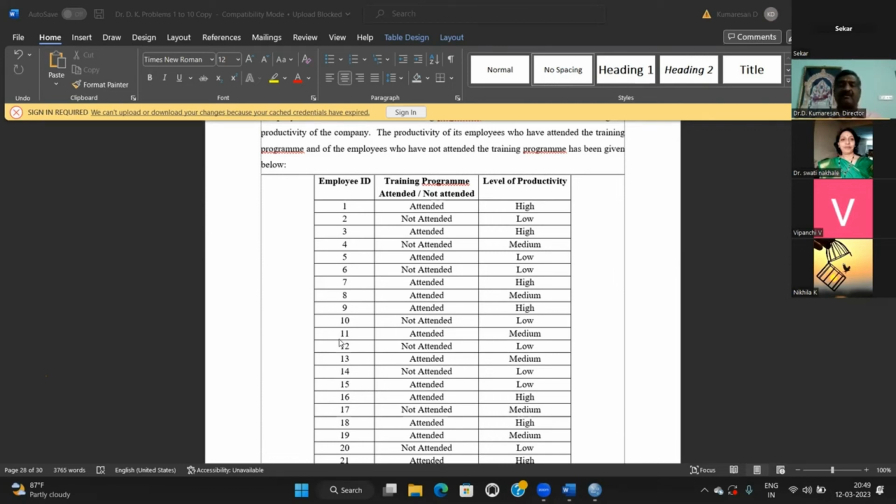And moreover, the level of impact: suppose the level of impact is measured as a score, it is scale data, then you have to go for parametric tests. If you collect the data as level of impact, high, moderate, low, then you have to apply chi-square test.